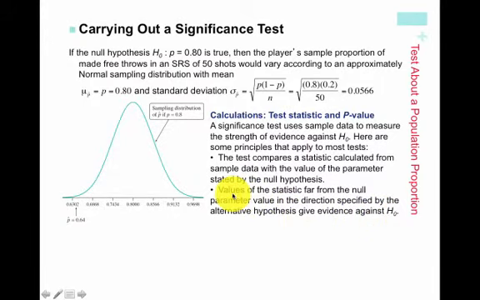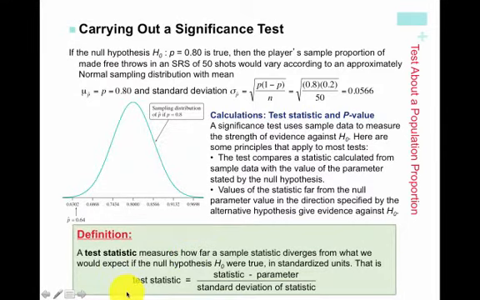So we're looking to show that our proportion is less than 0.8. Values of our statistic that are less than that can give evidence against the null hypothesis. Sample values up here really don't matter. That's not what we're trying to show.